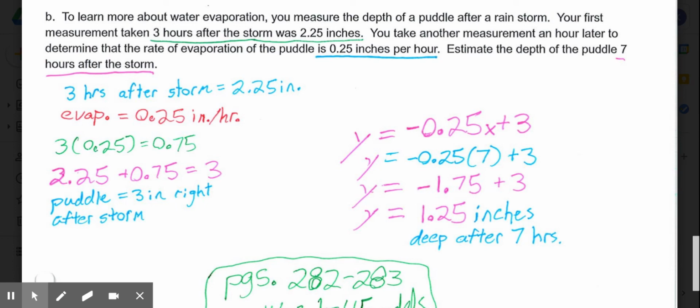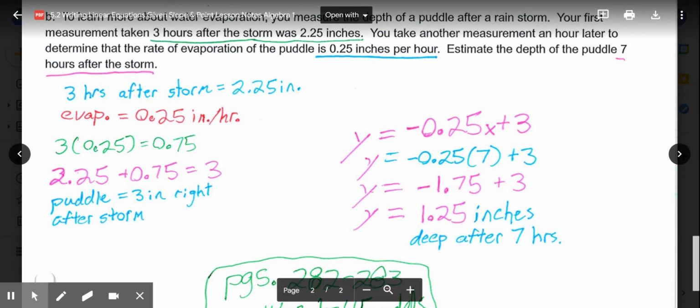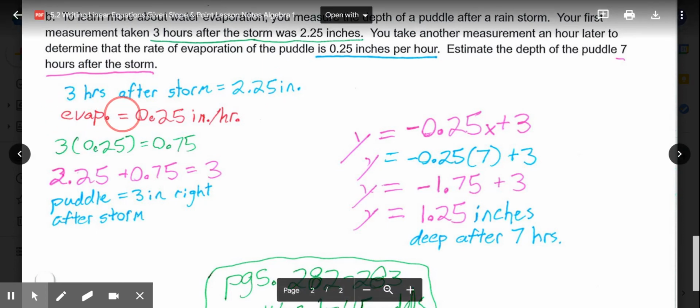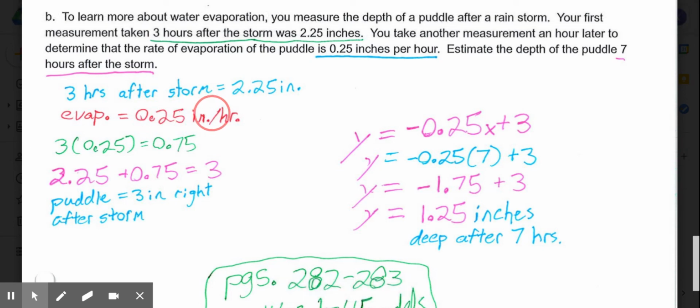So we know 3 hours after the storm, we were at 2.25 inches. We know the rate of evaporation was 0.25 inches per hour. So then what we can do is we know the 0.25 inches per hour is going to be our slope, or our rate in which the water is going away.